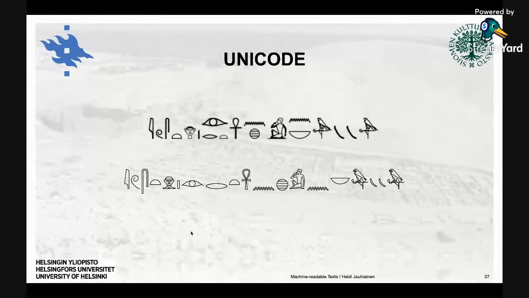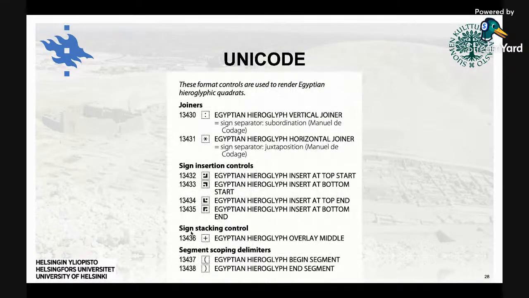In 2019, the so-called format control characters for positioning the hieroglyphs were introduced in Unicode version 12. And for me, Unicode would seem to be the most reasonable and most stable solution for encoding, so that the text can also be used in other projects in Egyptology and in the future.